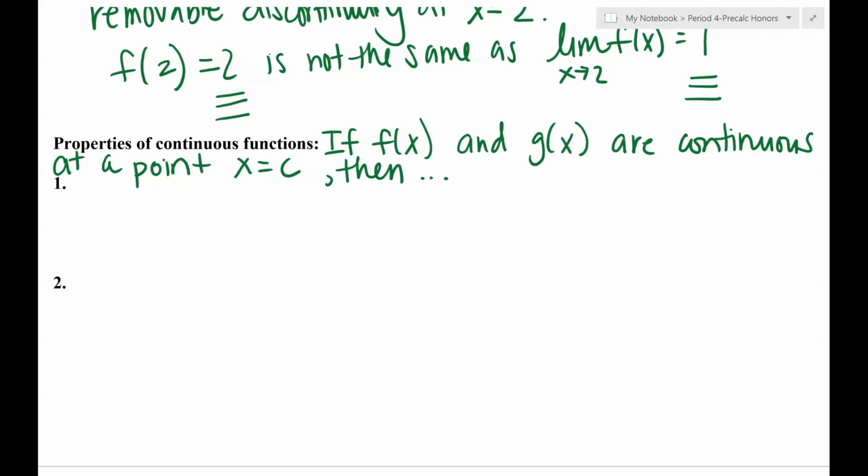And they don't have to be just one value. Technically, I can have an interval of continuity, right? So if those two functions are continuous, when I add them, if I take f of x and add g of x, the answer, a new function, should still be continuous at c.